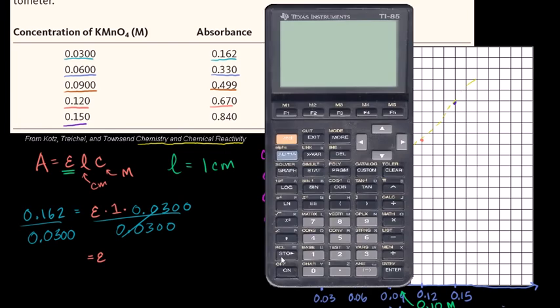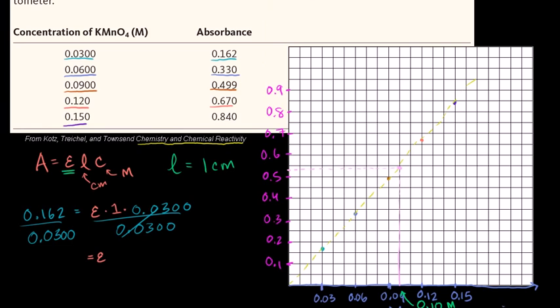I'll take out my calculator. 0.162 divided by 0.03 is equal to 5.4. And actually, we have more significant digits, so we can really say it's 5.40, since we have at least three significant digits in both situations. So 5.40 is our proportionality constant.